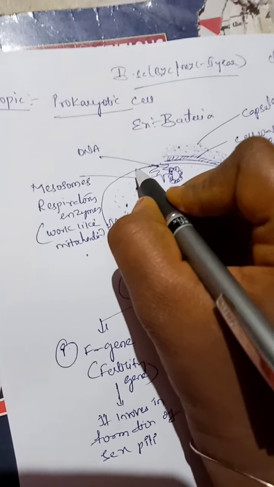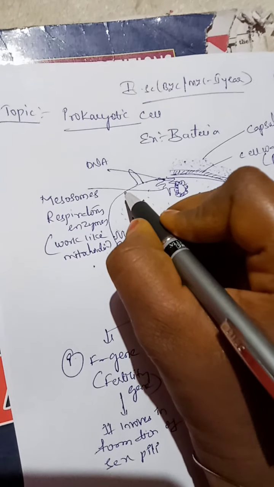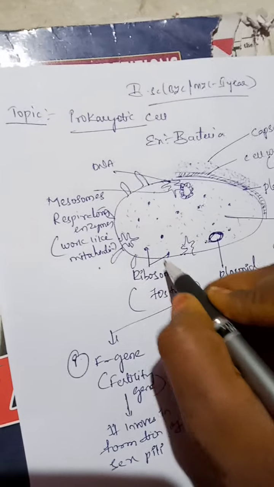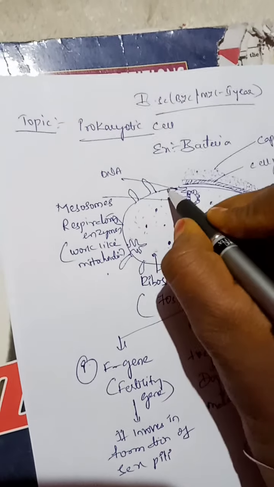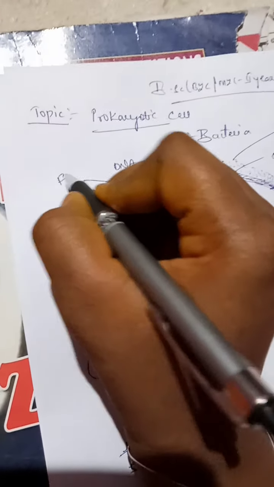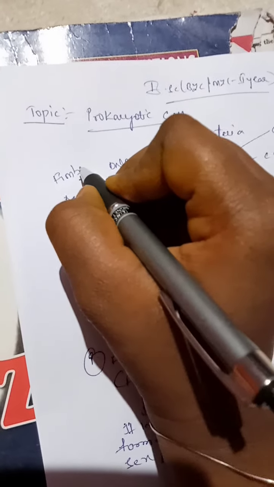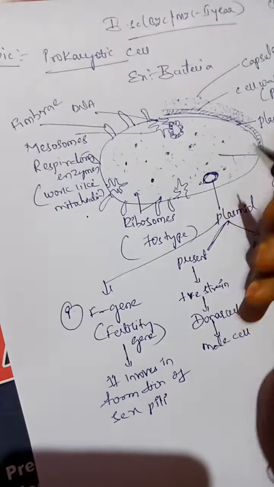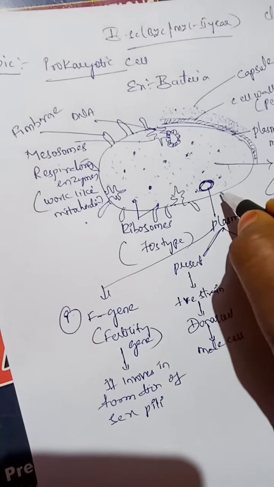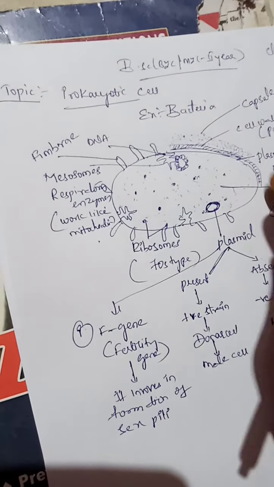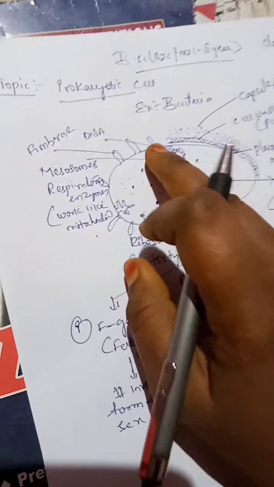Outside of the bacterial cell we can find small finger-like projections, which are called fimbriae. These fimbriae, present all around the bacterial cell, help the cell attach to a substratum. The bacterial cell attaches to the substratum with the help of these fimbriae.